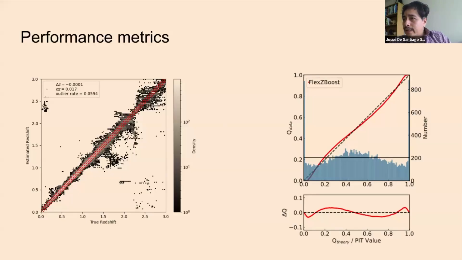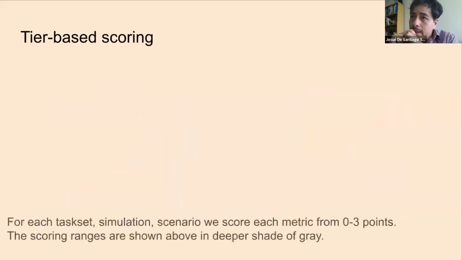And on the right-hand side, we have some performance metrics that also compute properties of the full P of C. For example, if they are well calibrated, if the errors are not too large or too small.